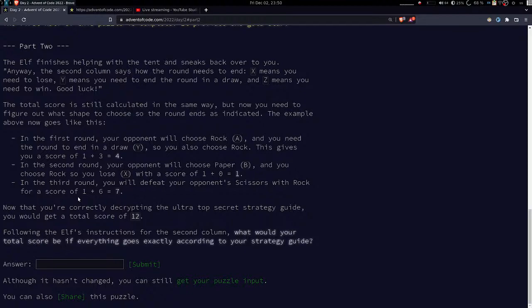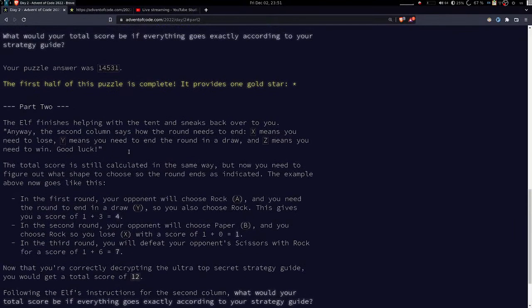In the first round, the opponent's A, so I need something to lose, right? First round, your opponent will choose rock. Then you need a draw, Y, and so you need to choose rock. This gives you a score of this.